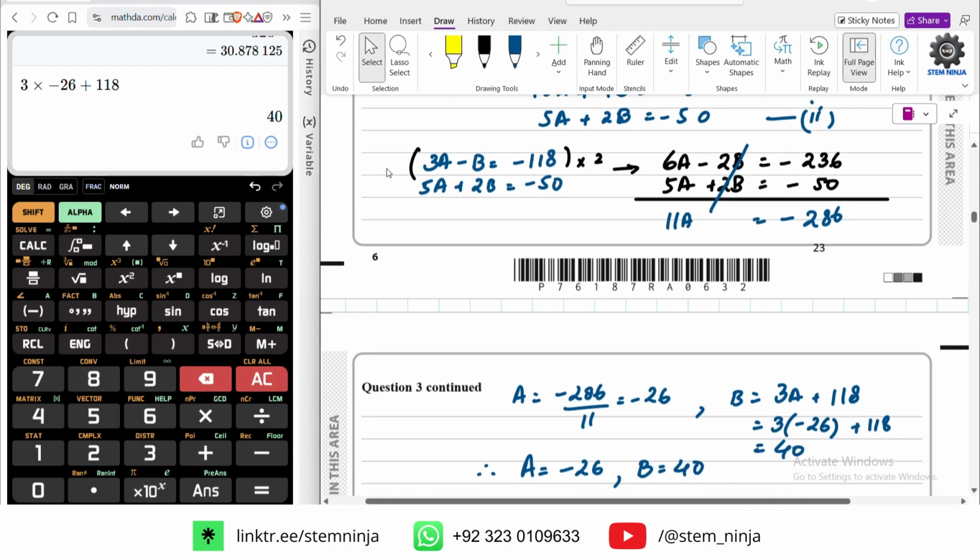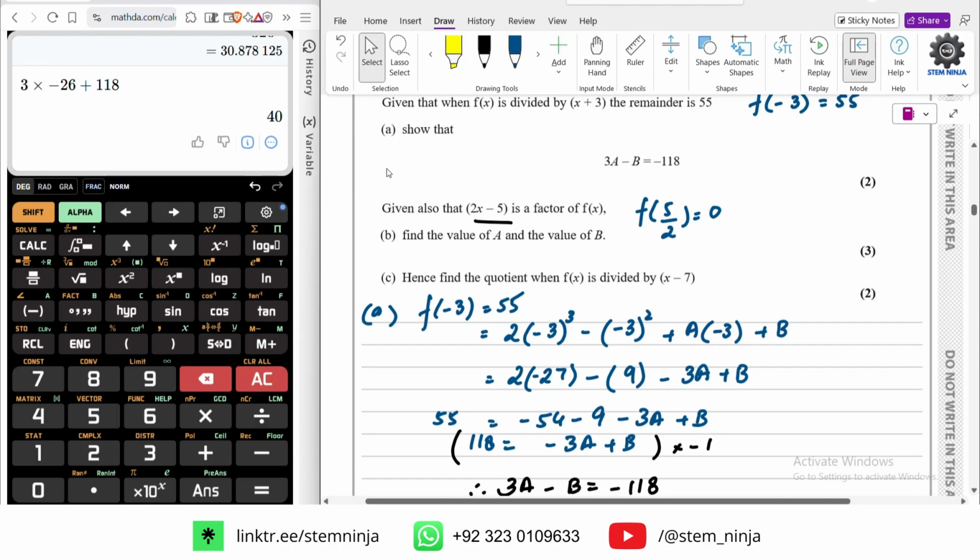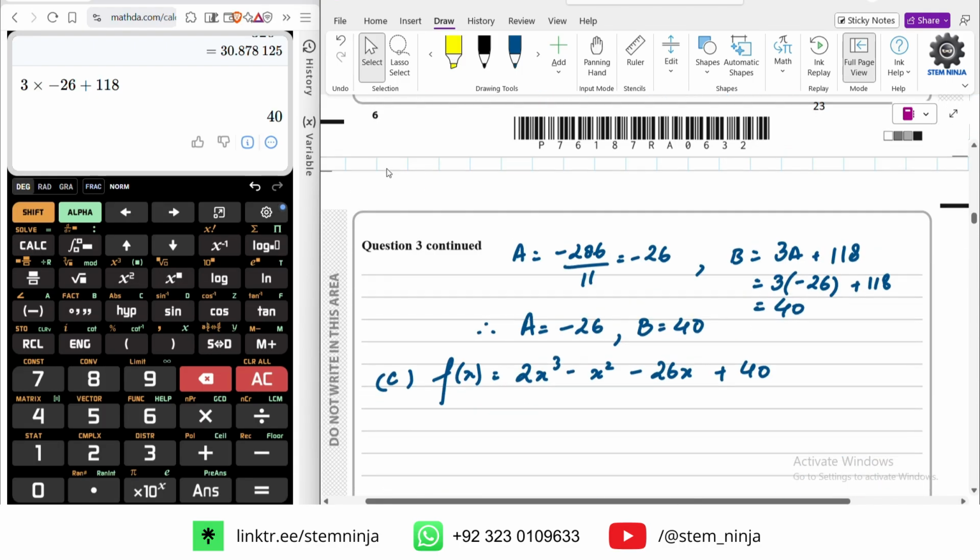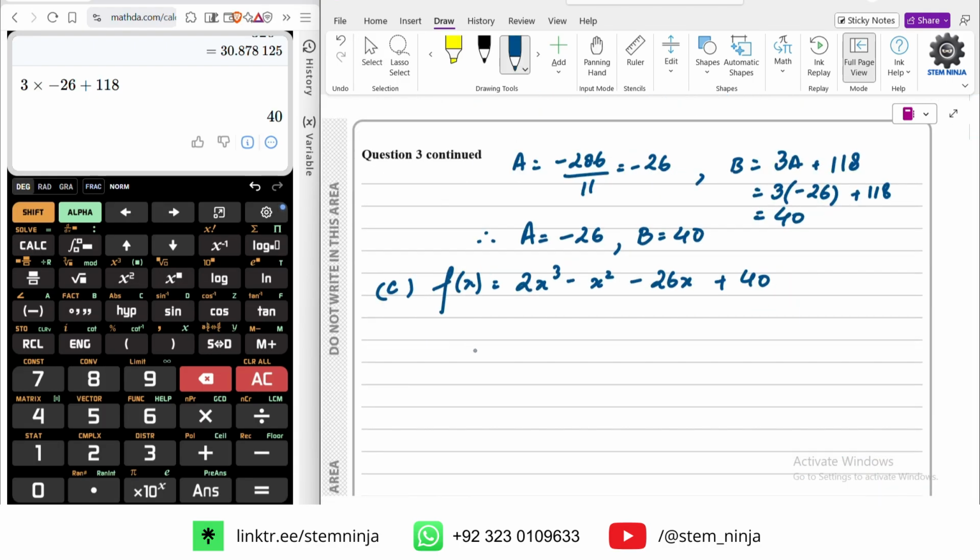Now we need a quotient when f of x is divided by x minus 7. So long division over here, so 2x cubed minus x squared minus 26x plus 40, and x minus 7.